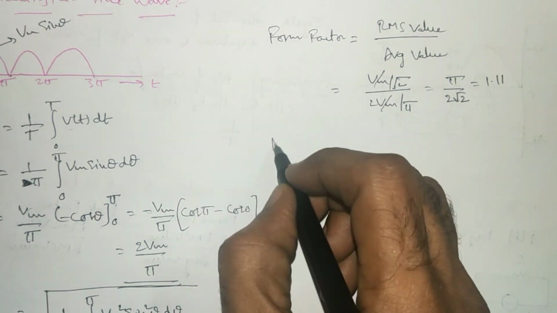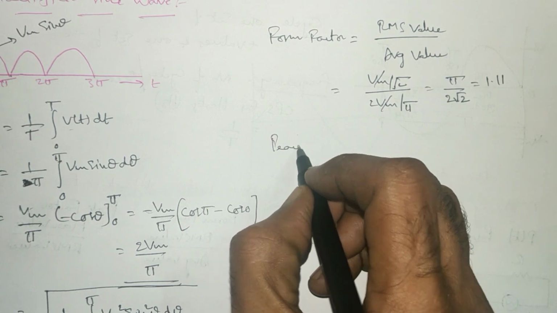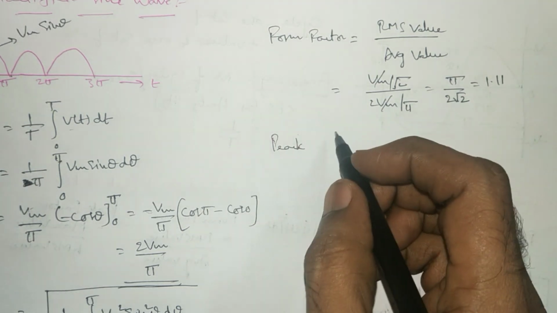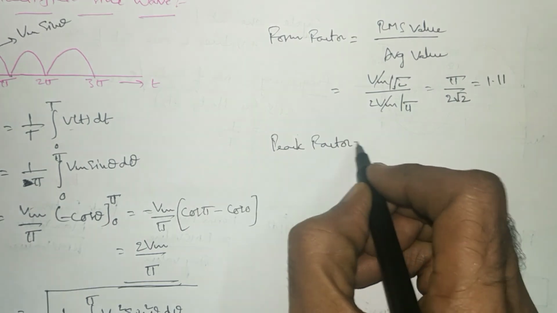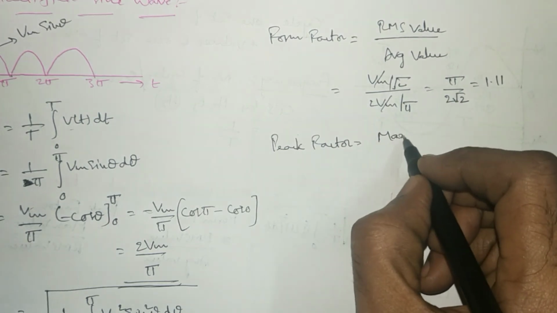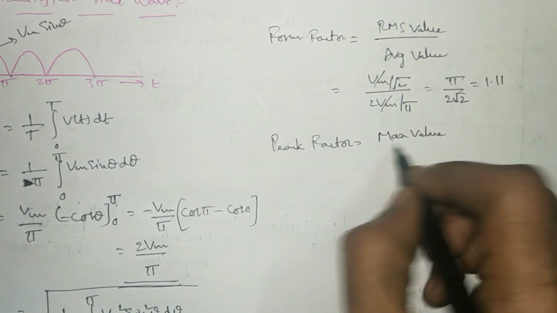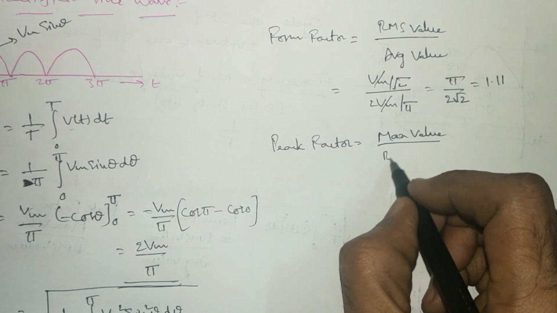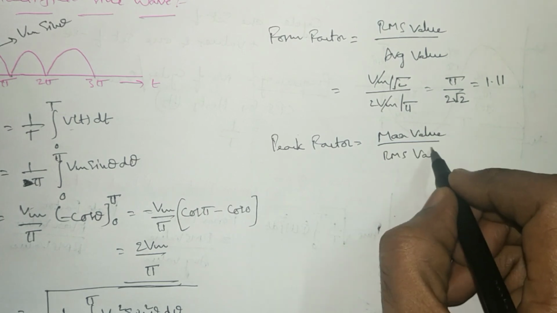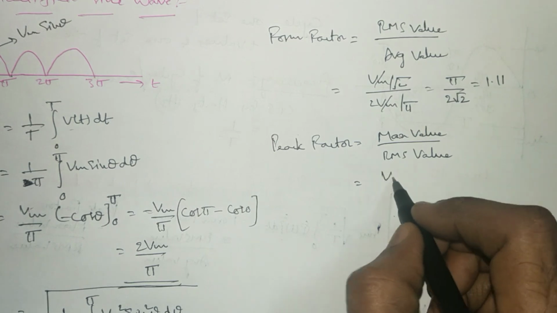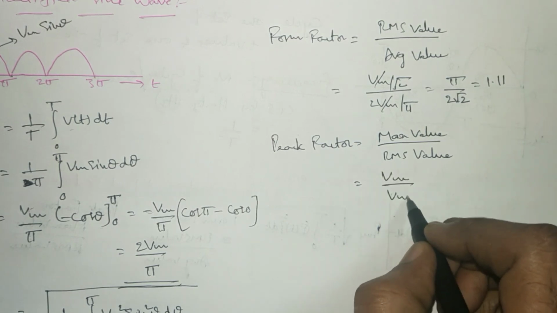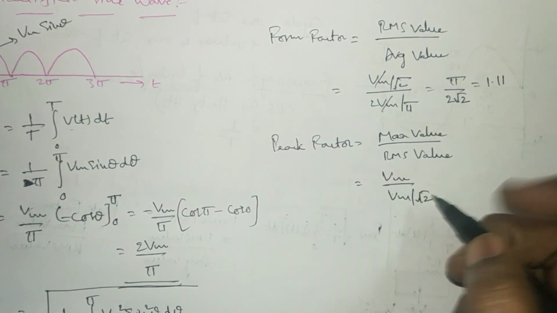Similarly, you can go for the calculation of the peak factor, or amplitude factor, or crest factor. We have so many names for this. It is equal to the maximum value divided by the RMS value. The maximum value is Vm and the RMS value is Vm by root 2.